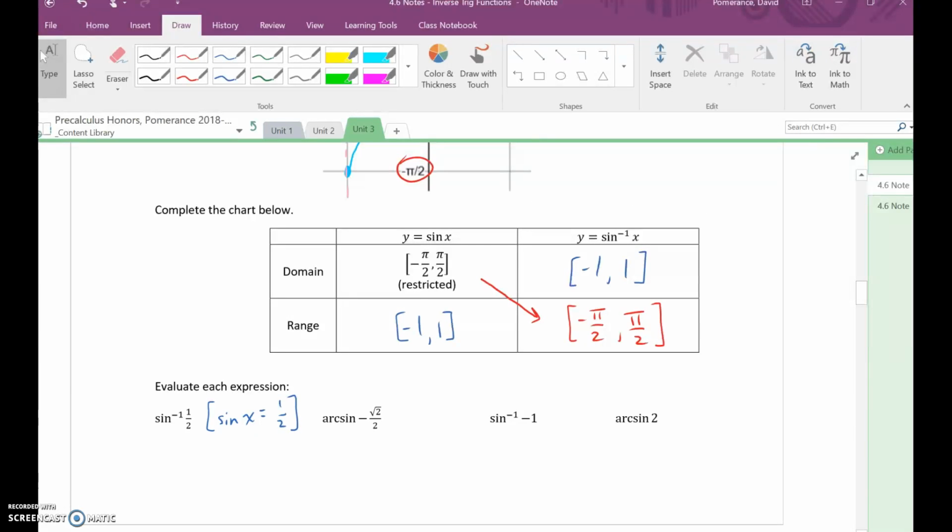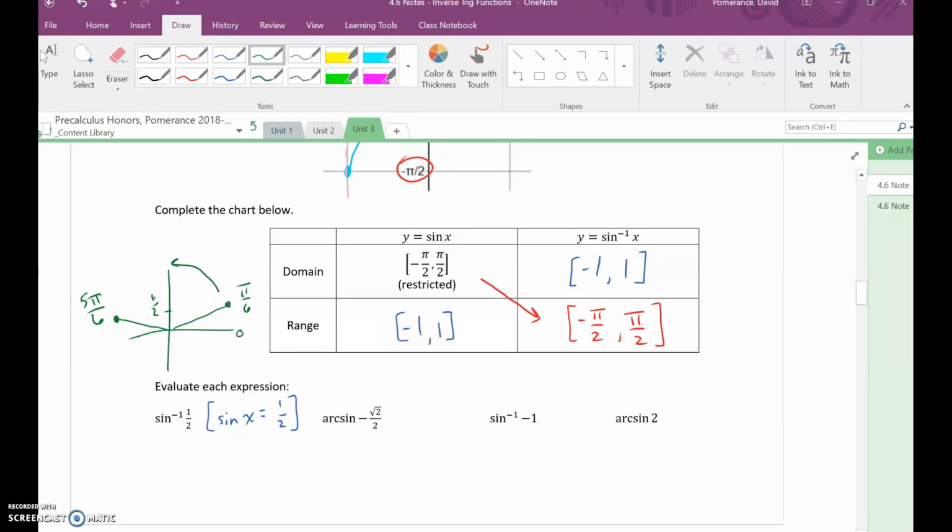And we know from the unit circle that there are lots and lots of solutions here, right? For example, if we start at 0, the first place we get to a y value of 1/2 is when we get over to here, which is at pi/6. But we also know that as we rotate around, we end up over here at the same y value, but a different input value of 5pi/6.